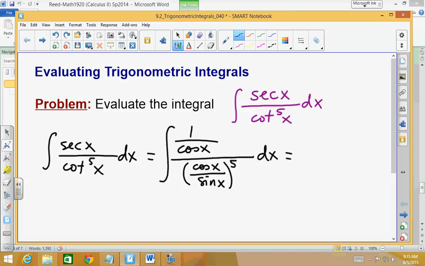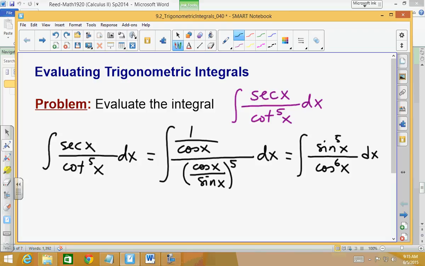Simplifying further, making it one fraction, we get the integral of sine to the fifth x divided by cosine to the sixth x dx.